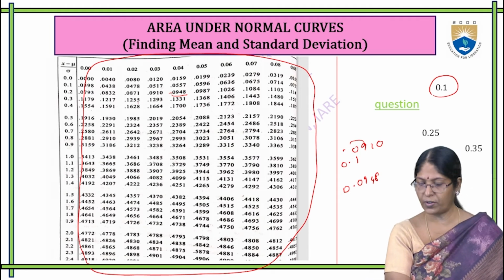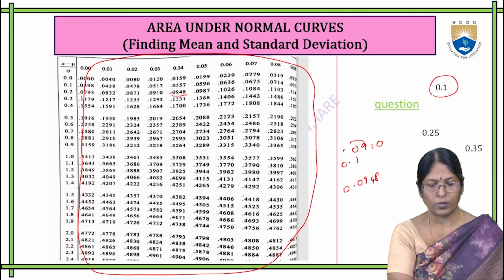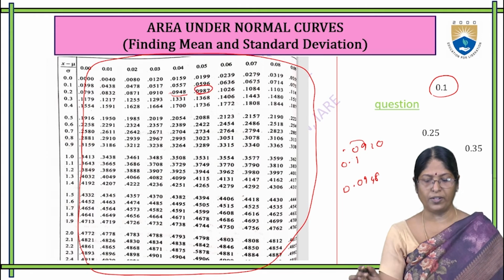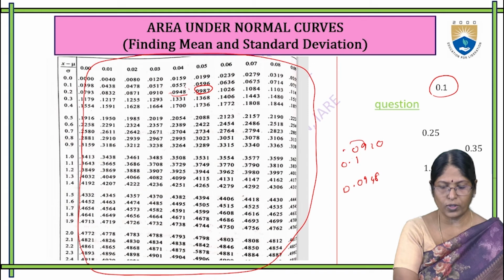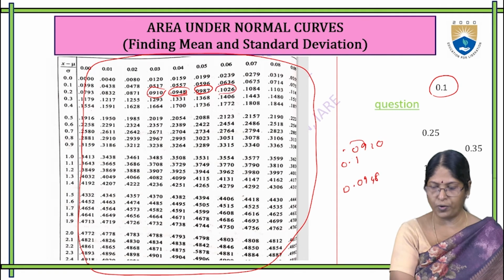So we can see it here completely. This is also to be circled. So this is also there. Here also it is there. Fine. Here also we needed 0.1.